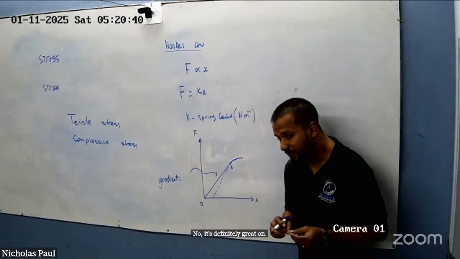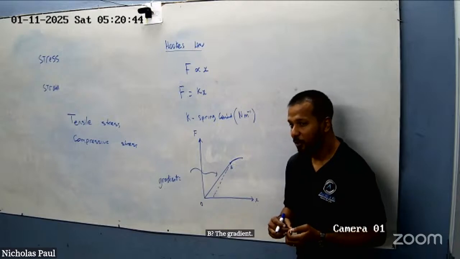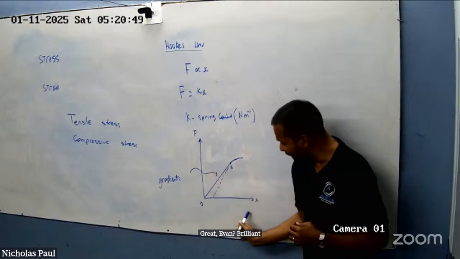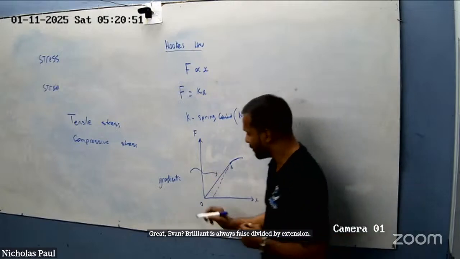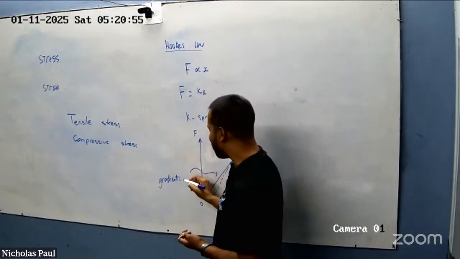The gradient is the spring constant. Gradient is force divided by extension, so F divided by x is k.